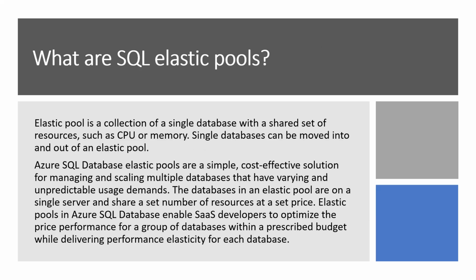If we want to use single database, that is good for our low cost application if we want to host, but we can always move this single database into elastic pool. We can take it out from elastic pool. That is one of the advantages. And Azure SQL database elastic pools are a simple, cost effective solution for managing and scaling multiple databases that have varying and unpredictable usage demands.